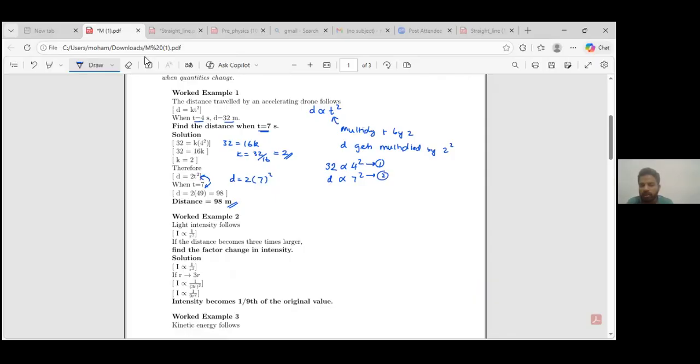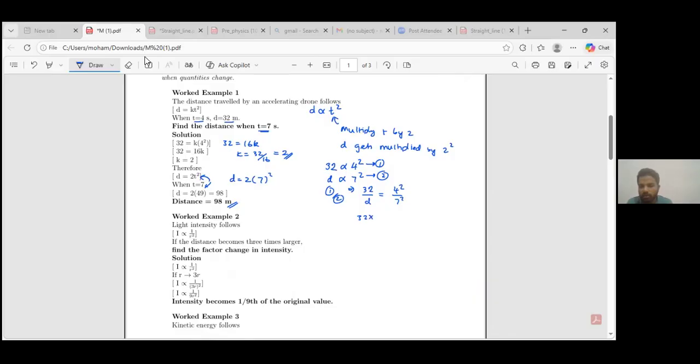What I can do is divide one of the equations by the other. I can divide these two relationships by one another, and you will get 32 divided by d equals 4 squared over 7 squared. So you can cross multiply. I can take d to the other side and 7 squared to this side.